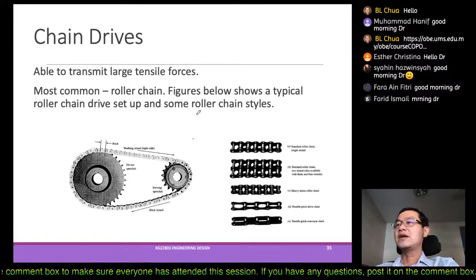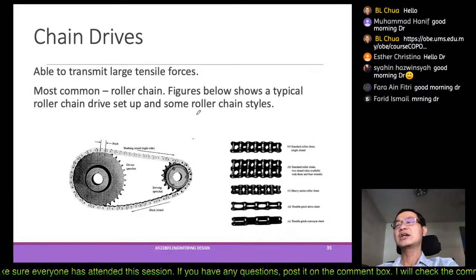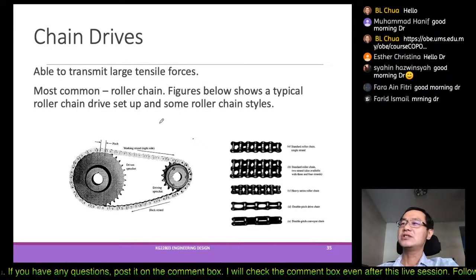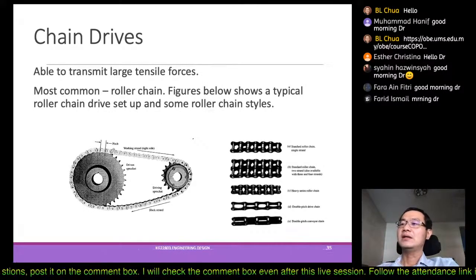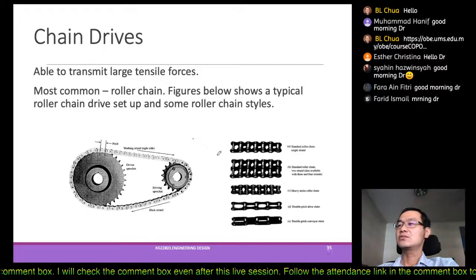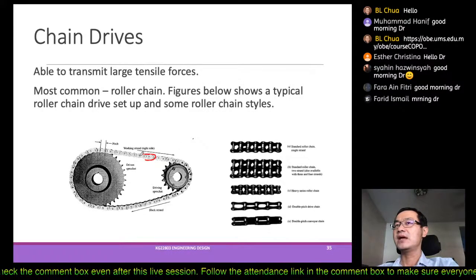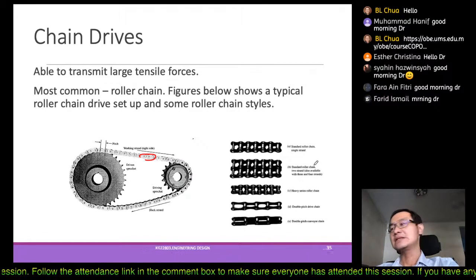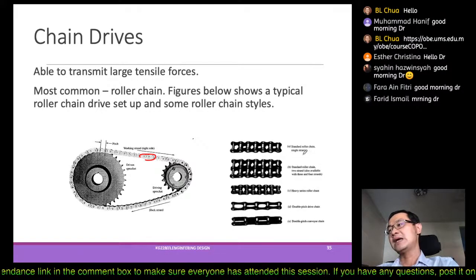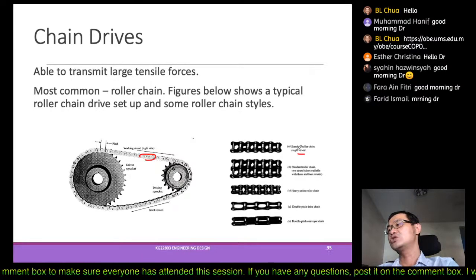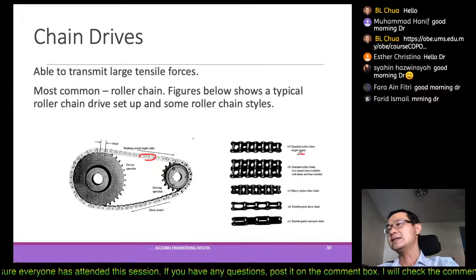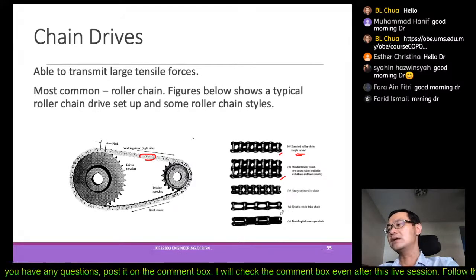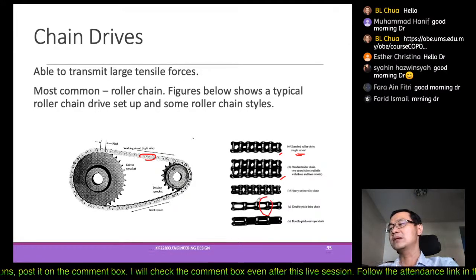The chain drive has a similar idea or construction with the belt, but then there is this thing we call a chain, right, and this chain itself has various standards, or maybe different strands, single, double, and so on, the way it is being constructed.